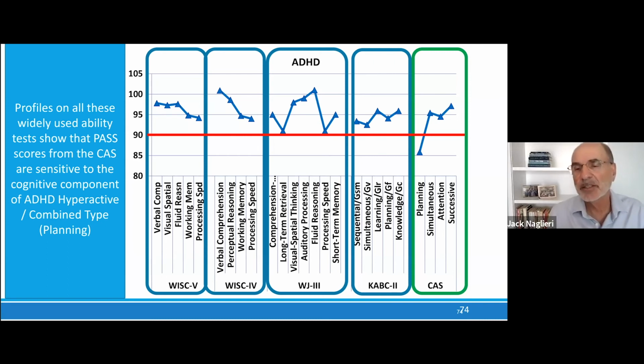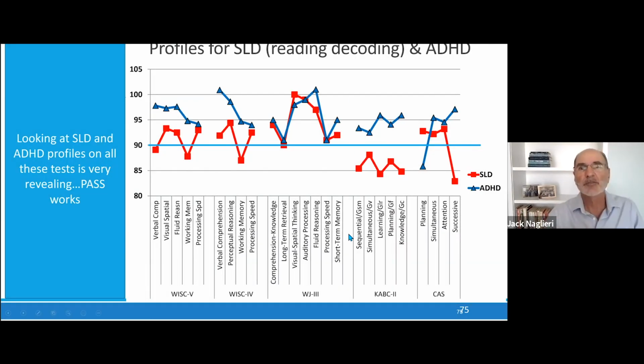Now, I will tell you, that inattentive type of children, the attention and the planning scores flip. So attention is lower and planning is higher, but inattentive type. That was a study we have from Stefano Taddei. And in any case, I want to show you one more. I'm going to superimpose these two sets on each other and just point out a few things. So let's start from the right and go to the left.